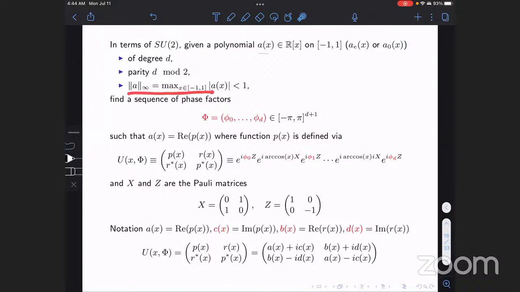This is also an assumption that we inherited from the fact that the norm of A is bounded by 1.